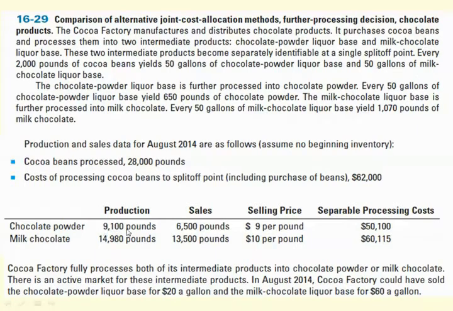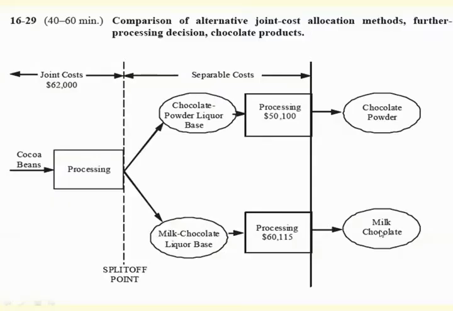From these 9,100 pounds, sales are 6,500 pounds, with a selling price of $9 per pound for each pound we sold. Separable processing costs 50,100. Here, further processing cost for the first intermediate product is 50,100, and for the second intermediate product, further processing cost is 60,115.